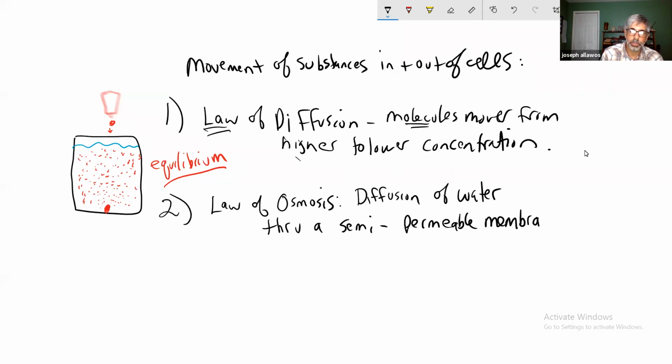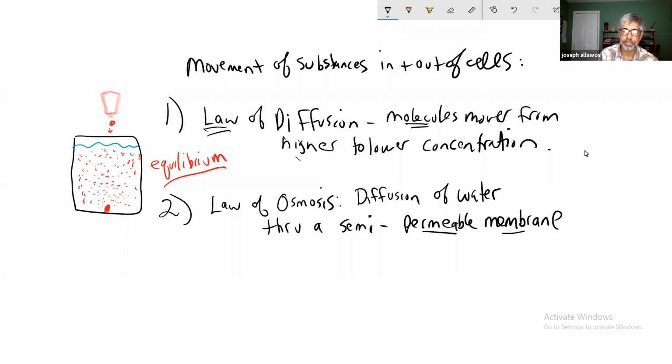What in the world are we talking about? A semi-permeable membrane. Well, you know what permeable means. It means stuff can pass through. If it's semi-permeable, that means some stuff can pass and some stuff can't. So for example, a coffee filter is semi-permeable, right? You put your coffee in it and the grounds stay in the filter. It's not permeable to the grounds, but the water can pass through to make your coffee, right?